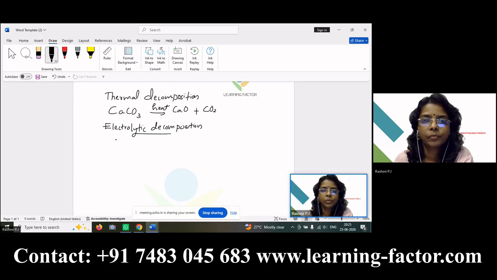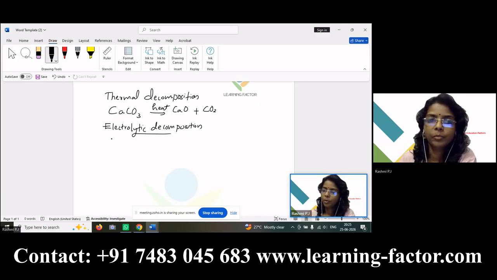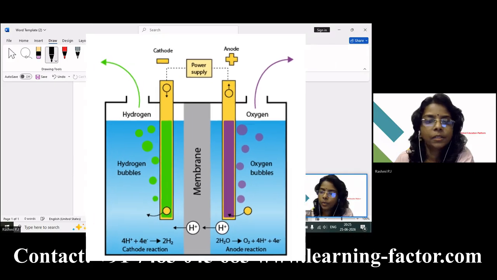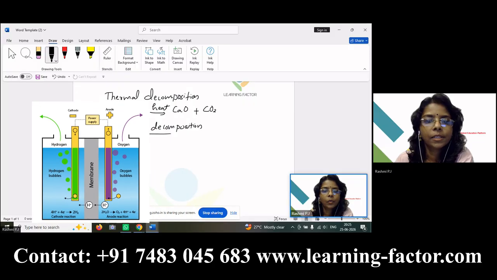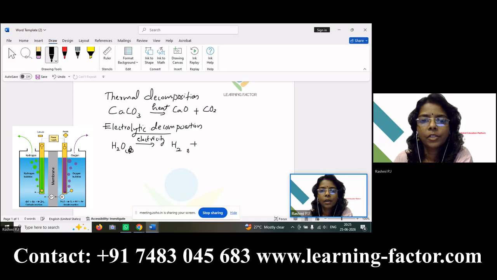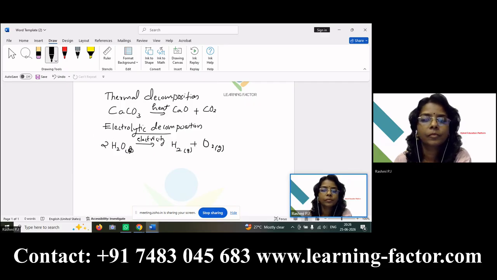It is a reaction in which compounds decompose into simpler compounds by passing electricity. The example is water, which is a liquid. If we pass electricity through it, it decomposes into simpler substances, hydrogen gas and oxygen gas, H2 plus O2. So this is an example of electrolytic decomposition.